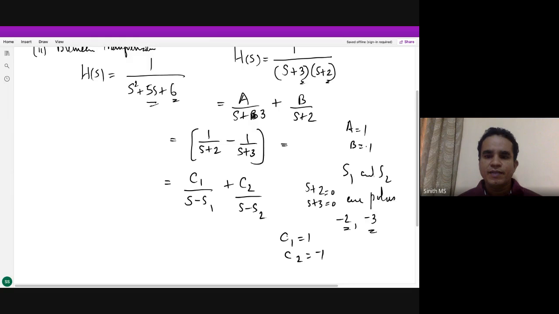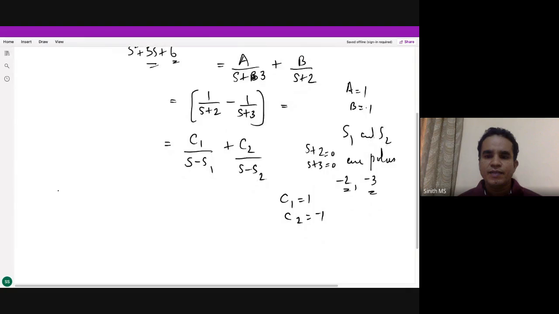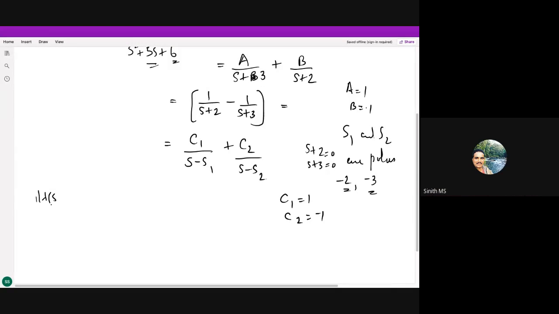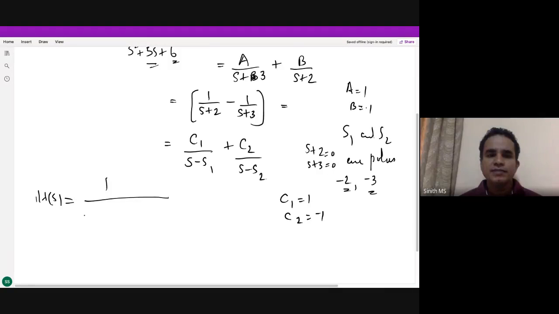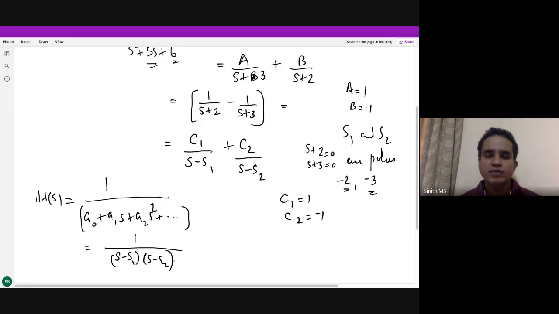Given the polynomial like this, say H(s) is equal to 1 by a0 plus a1 s plus a2 s square plus etc. Suppose it's of order n, we can write this as 1 by (s minus s1) into (s minus s2) into and so on. These are the poles. This may be real or imaginary depending on whether you have factors or not.